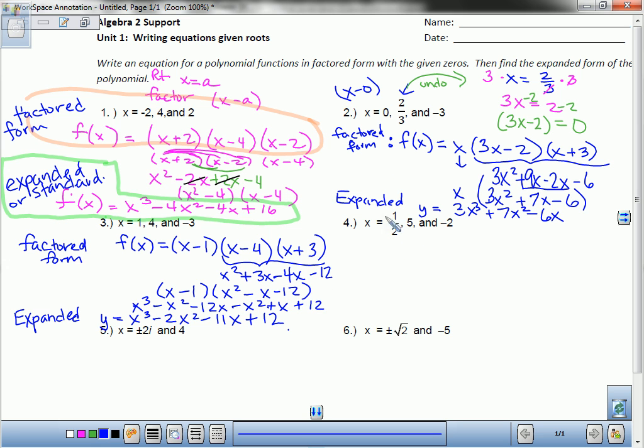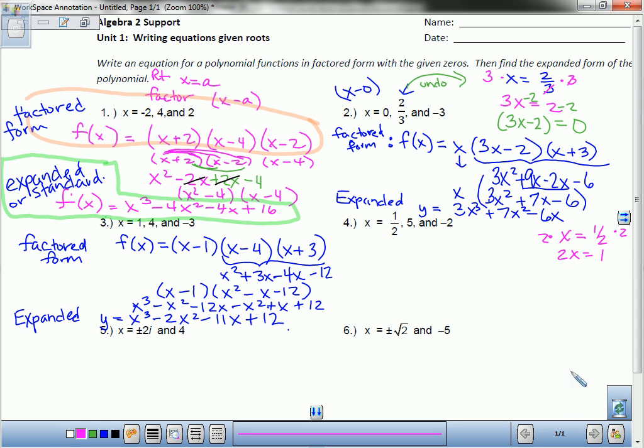Okay, so let's talk about this 1/2. That's the harder kind, like up here. So if we take this and we try to undo it to figure out that factor, what do I do first? Times by 2. So now I got 2x equals 1.